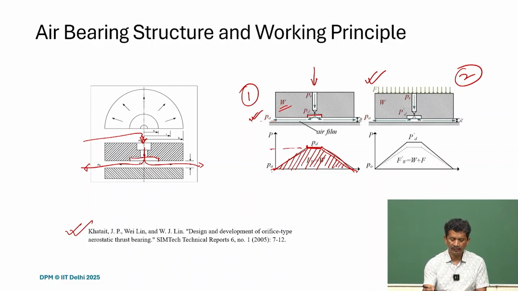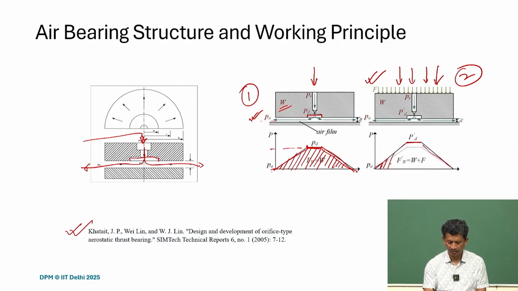So, what happens the moment there is some external load, it will try to press, and so the pressure distribution will change. PD will change to PD dash, and then there will be a new pressure distribution again.